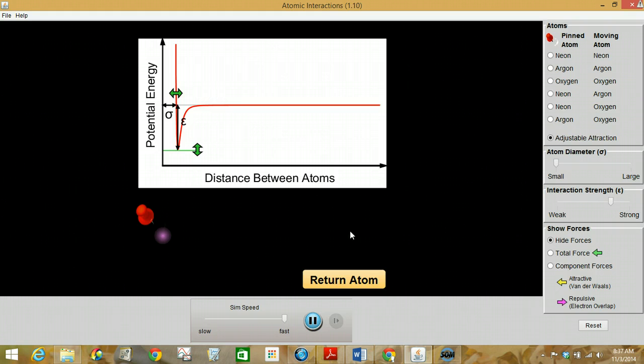There it goes. Alright, so we are going to now do the helium to helium interaction.